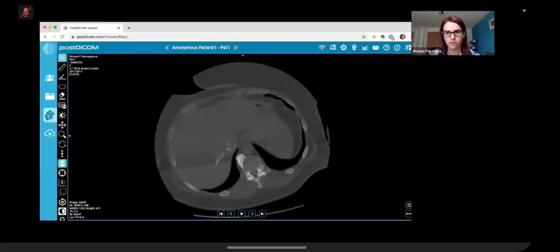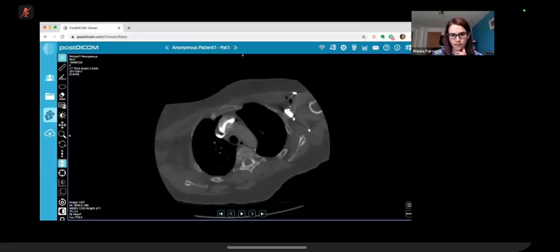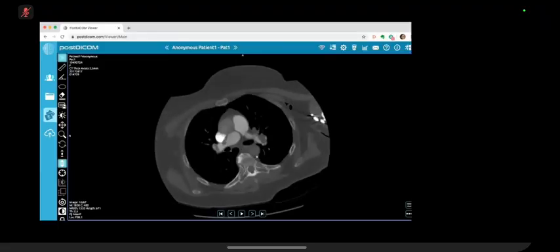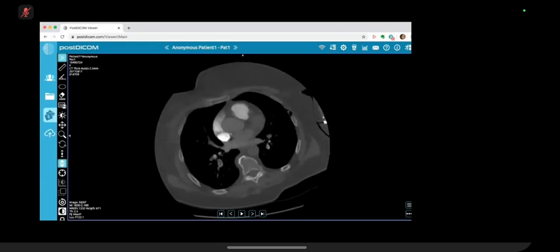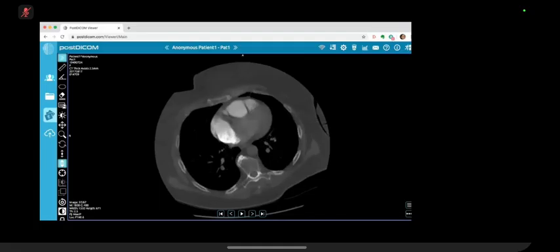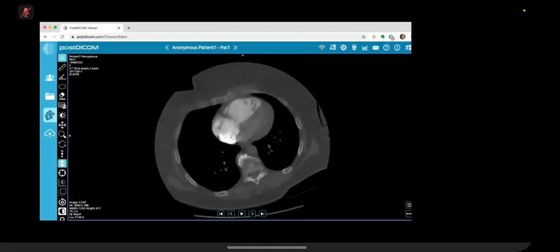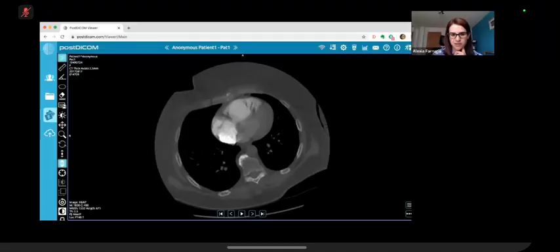Good. Any other features you would look for? So sometimes you can see wedge-shaped infarcts in the lungs, and you can also look for right heart strain. What do you think in this case?